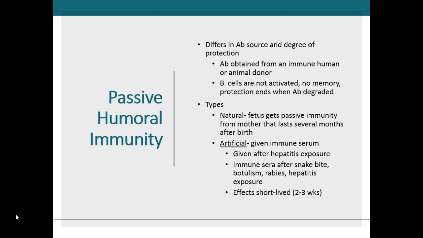So naturally occurring passive immunity, remember, only happens between a fetus and the mother. So when the fetus gets that passive immunity from mother with some of the antibodies that cross the placenta and also in the breast milk. So this lasts for several months after birth and allows the immune system of the infant to begin functioning and creating their own memory cells and their own antibodies.